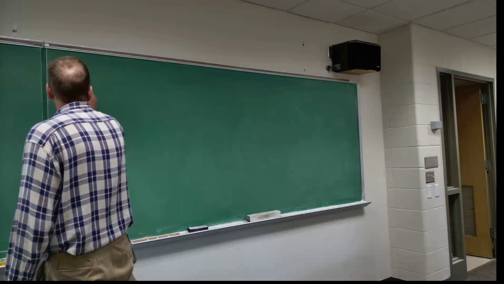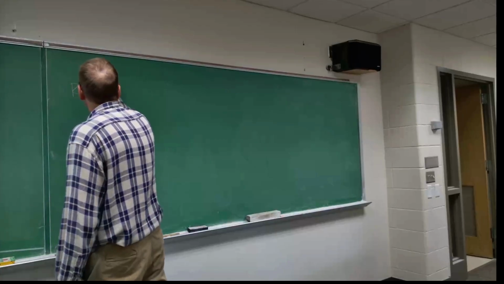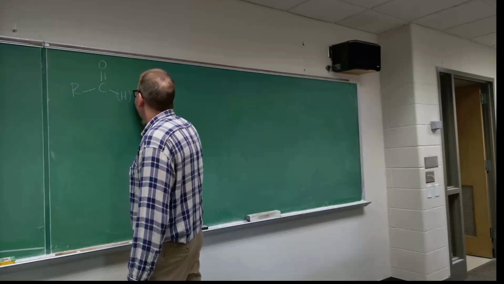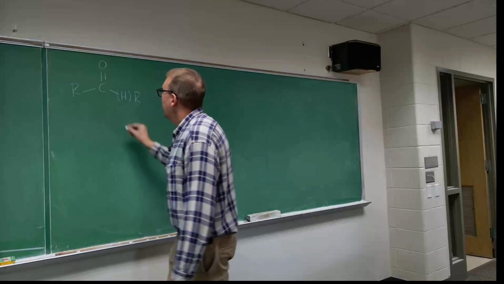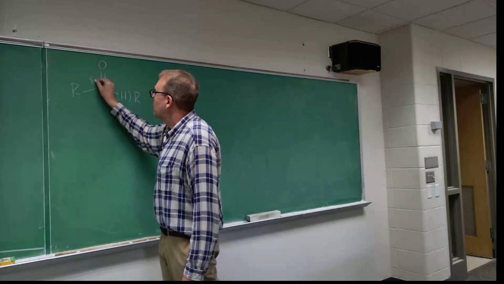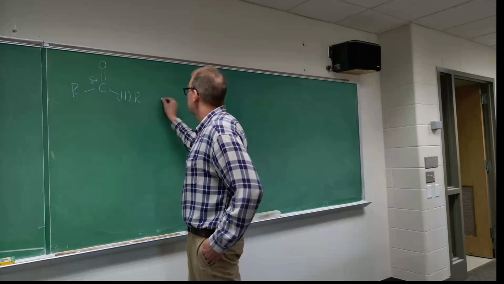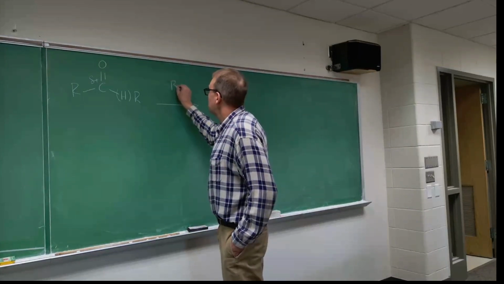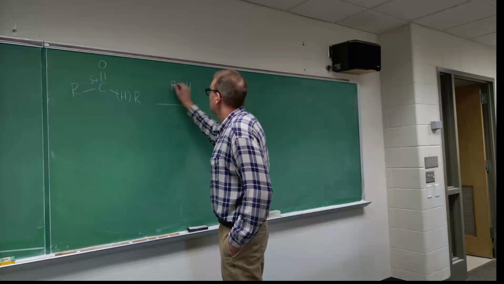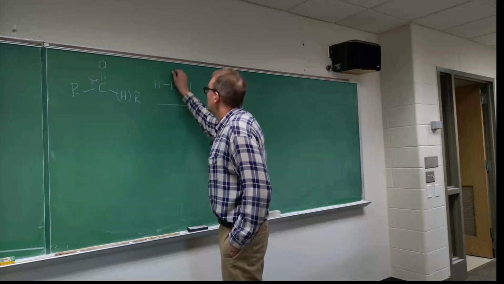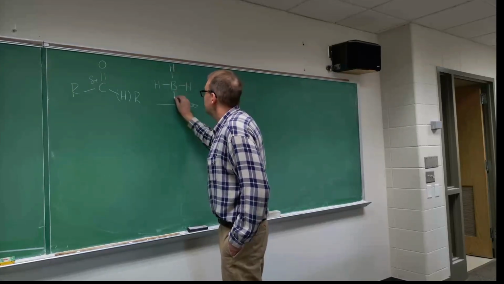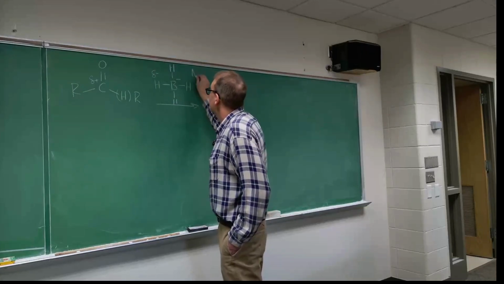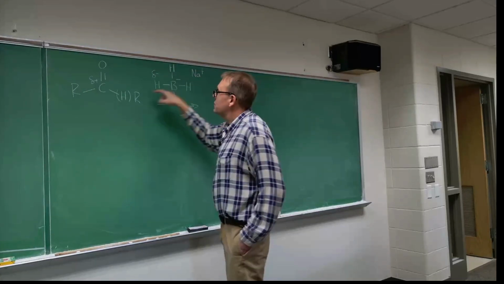I'm going to show an aldehyde or a ketone here, and just remind you that that carbon is partially positive, and sodium borohydride with its partially negative hydrogens is attracted there.